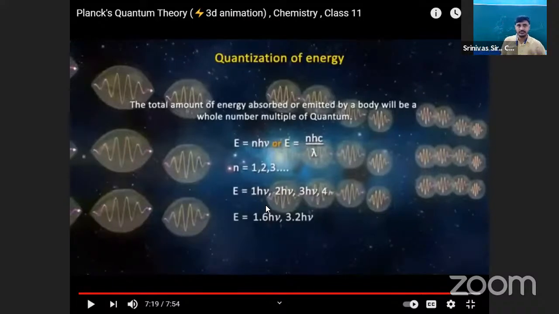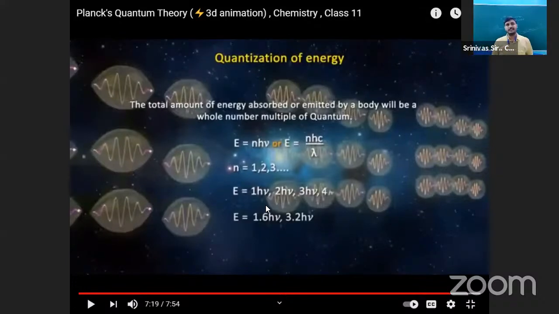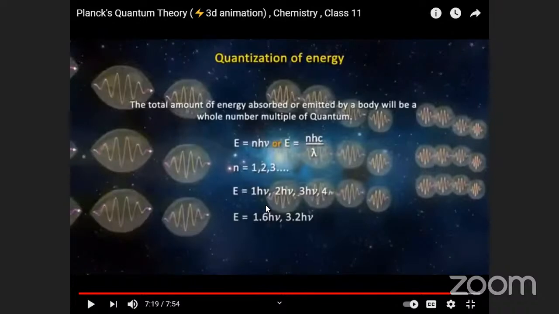Okay. So this quantization of energy word will help you. Energy is emitted or absorbed discontinuously in the form of discrete, D-I-S-C-R-E-T-E, small energy packets, known as quantization of energy.